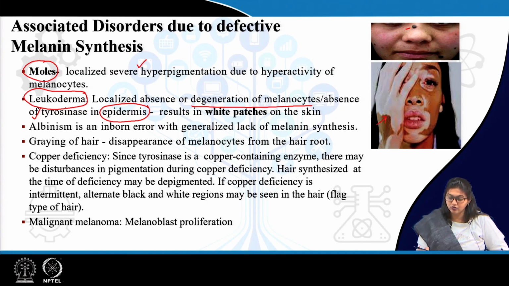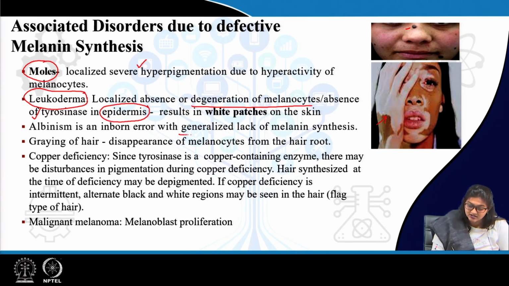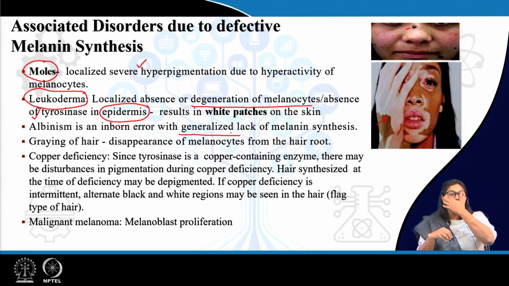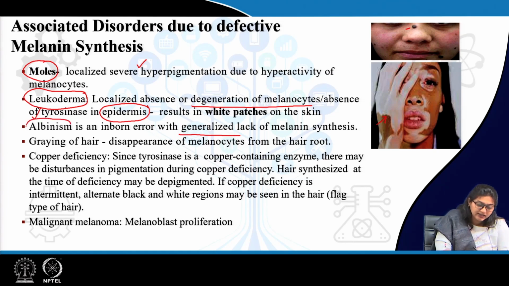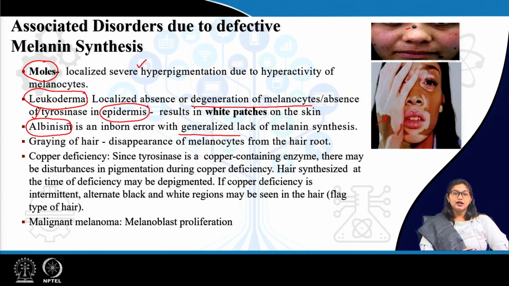You know these white patches appear in the skin, that is localized absence of melanin in the epidermis. Whereas, if this melanin is absent generalized throughout the body, that causes albinism. This disease we are going to discuss shortly. Then graying of hair is due to the melanocyte disappearance in the hair root.